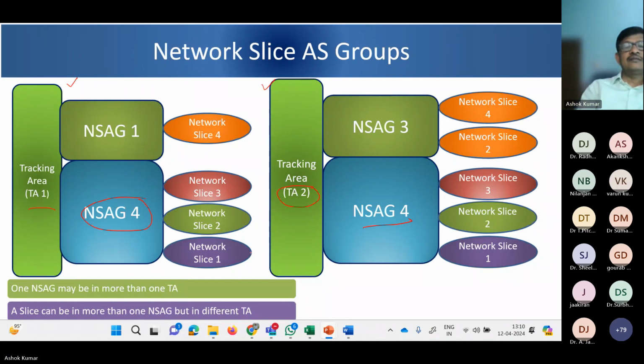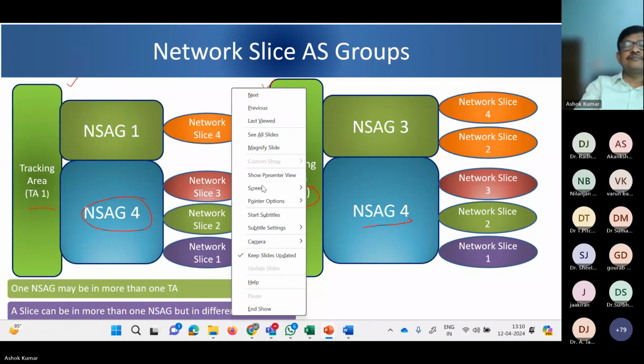Slices 1, 2, 3, sir. Yes, and the same group, slice 4. Right. So this slice 1 is here. Network slice 2 is in NSAG 3 also. One slice can be in more than one group, but in different TAs. Let me explain it again to make it clear.